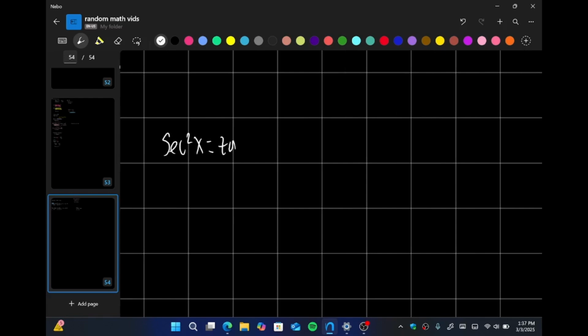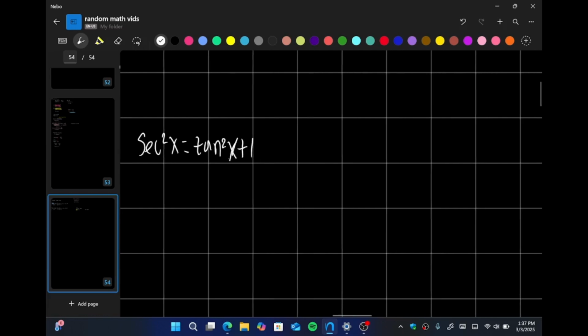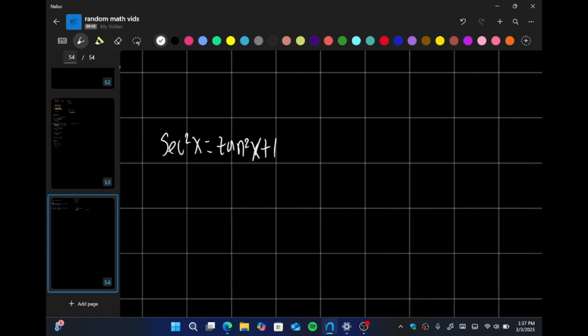is equal to tan squared x plus 1, I think is what it is, right? So, give me a second, hold on. So it's going to be sine squared x over cosine squared x. Hold on, guys. Give me a second.